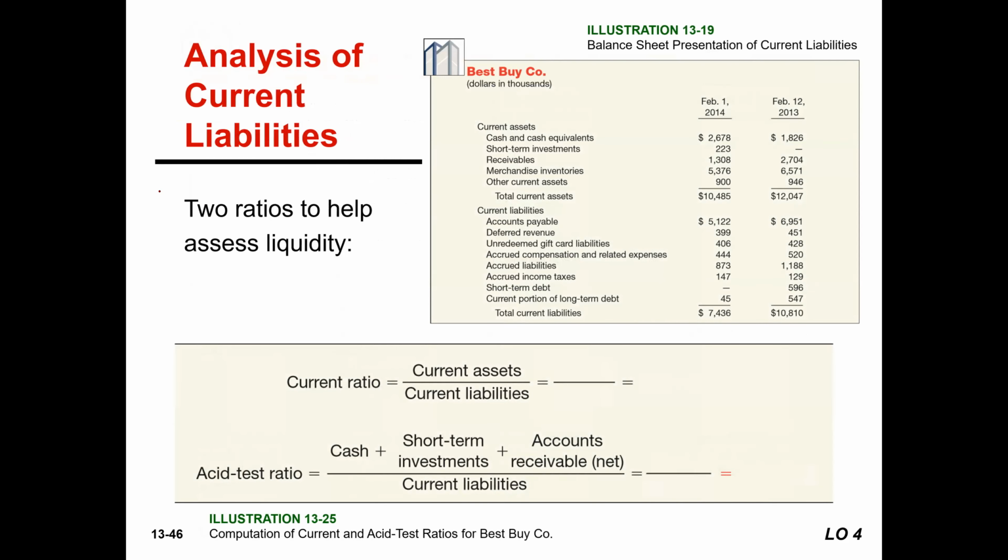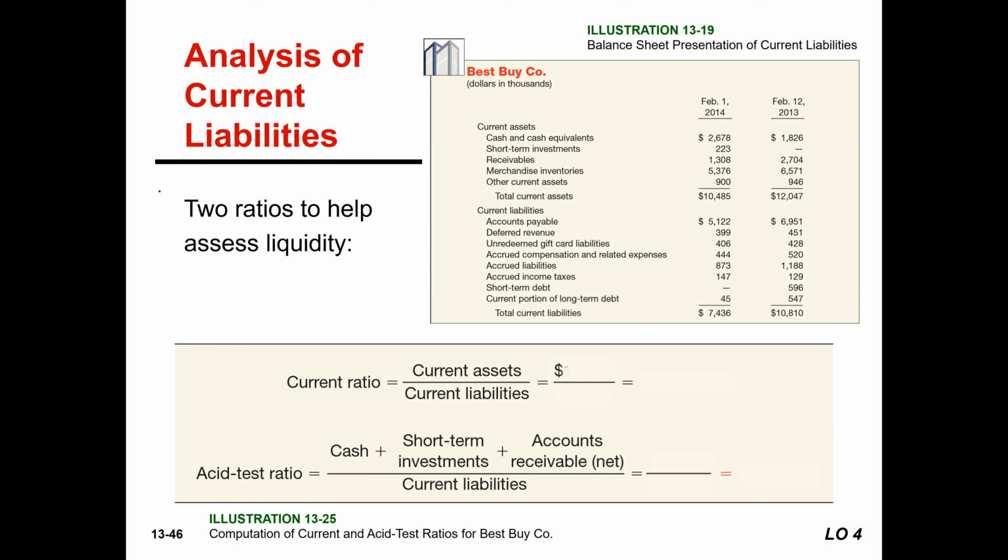All right, so some of the different ratios, or the analysis that we can do of our liabilities or of our financial statements, are considered liquidity ratios because we're just looking at our most liquid assets and our current liabilities. So, current ratio: current assets divided by current liabilities.